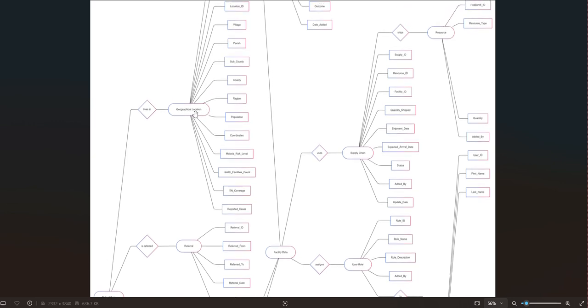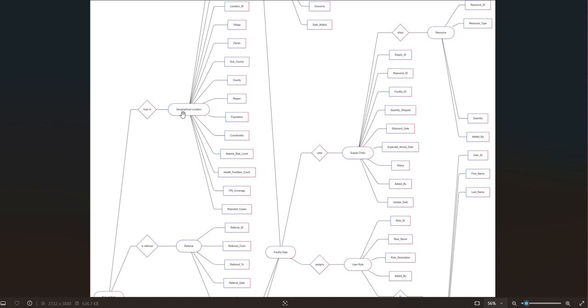This includes everything from the village level up to the region. This helps health workers track malaria outbreaks and plan interventions effectively. So this is a very useful entity in our database management system.